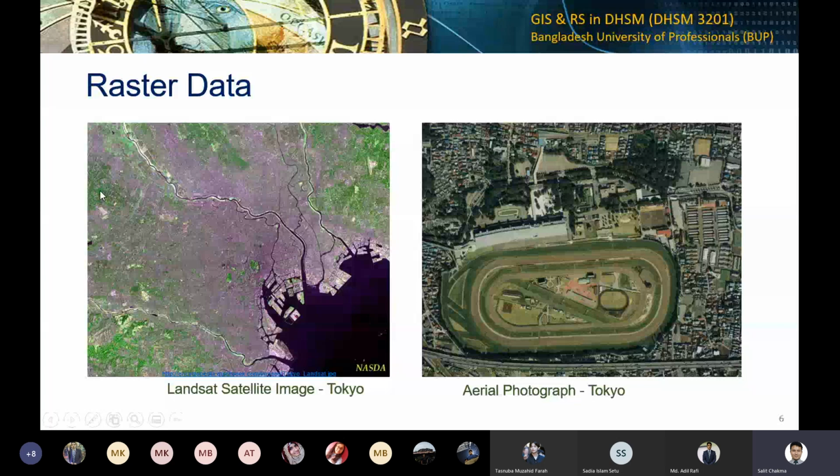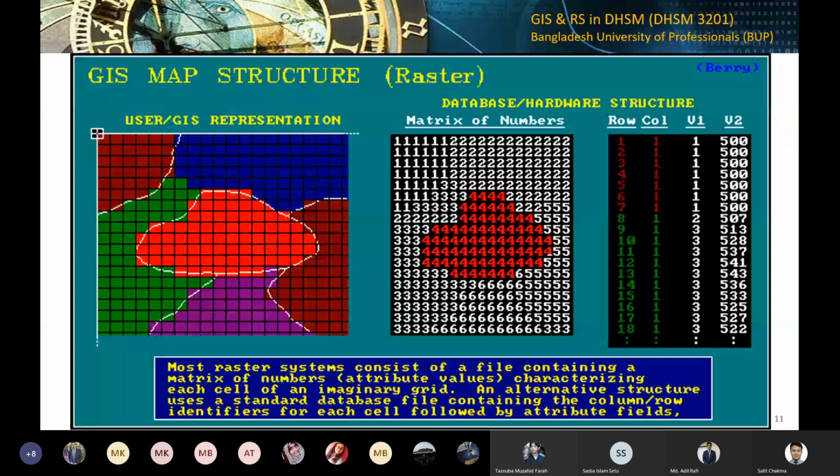So what we do is we say, okay, this is vegetation. We tell the software that this is vegetation, this is urban area, this is water bodies, and then automatically, by running the algorithm, it creates these classifications.